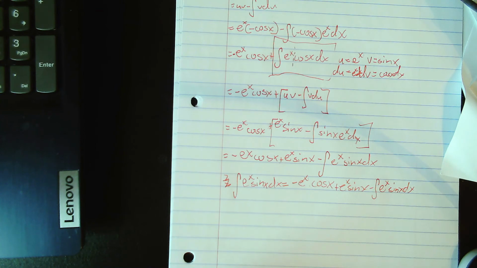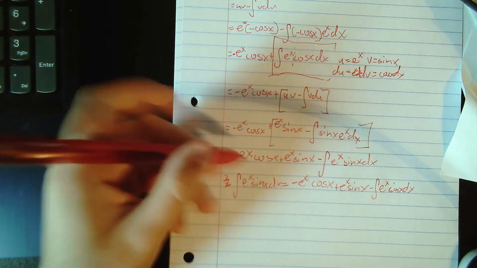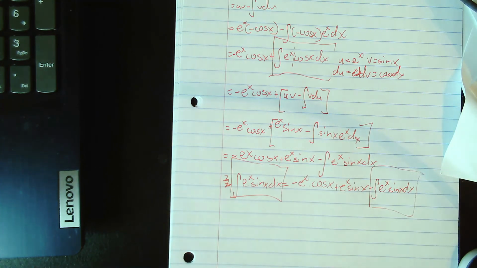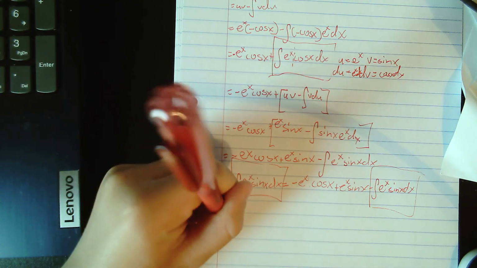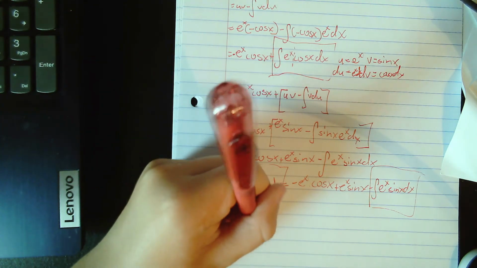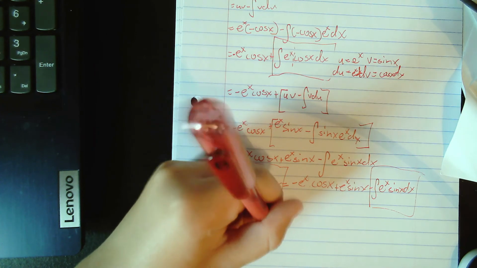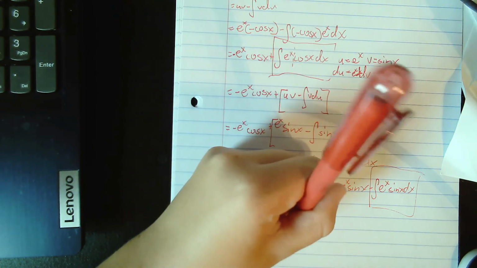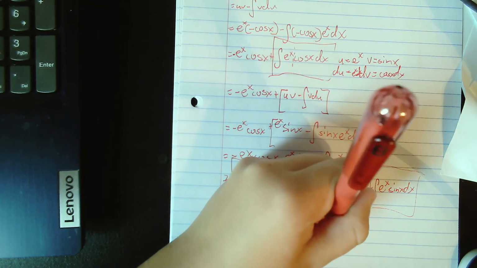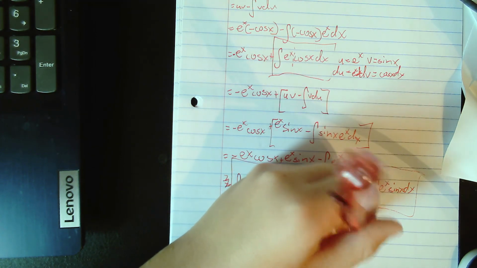Okay? One more step now. Notice that we have 2 integral e to the x sine of x dx's. So we can put those together. So it's going to be 2 integral of e to the x sine of x dx equals minus e to the x cosine of x plus e to the x sine of x.